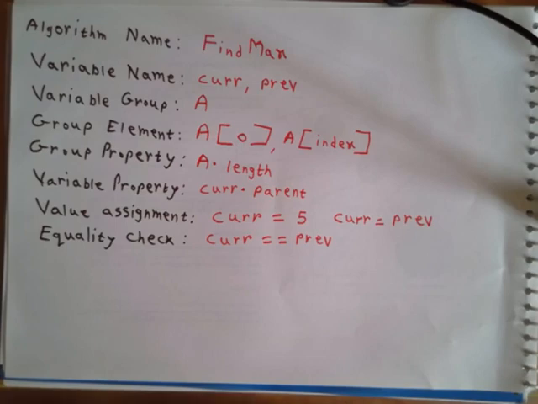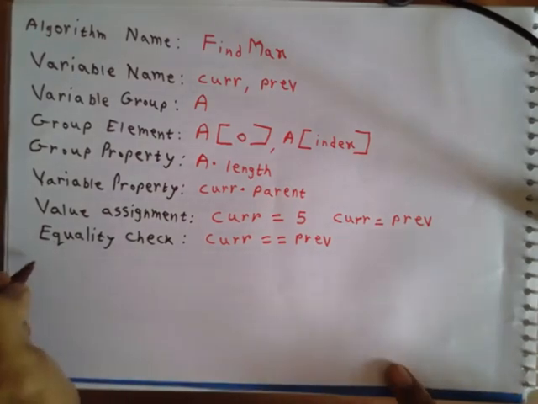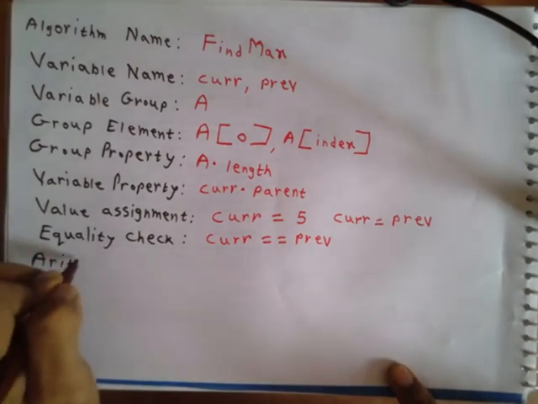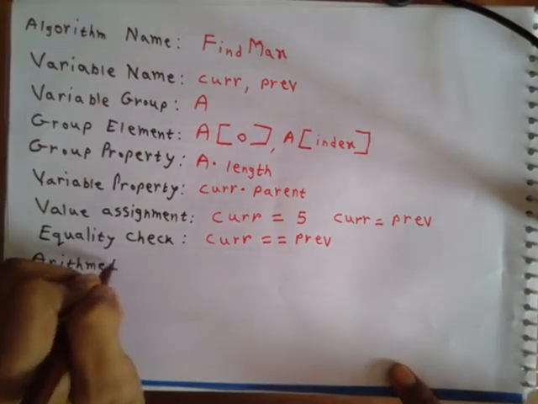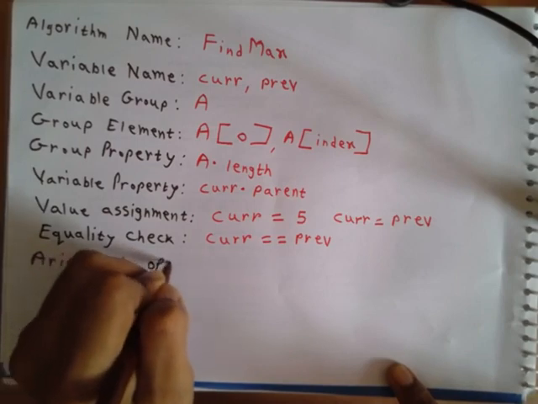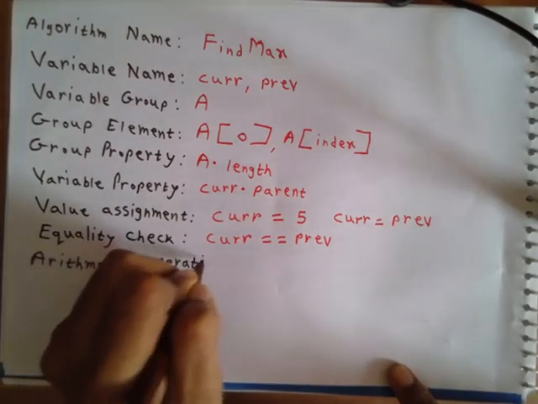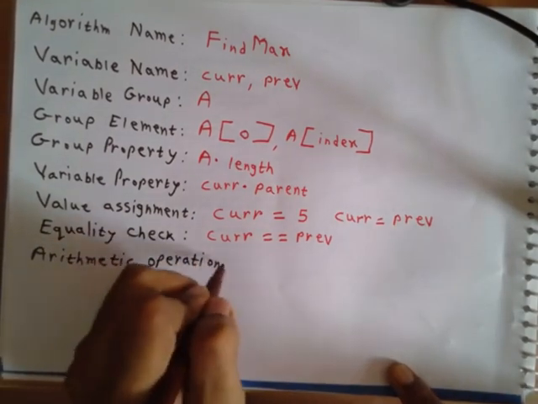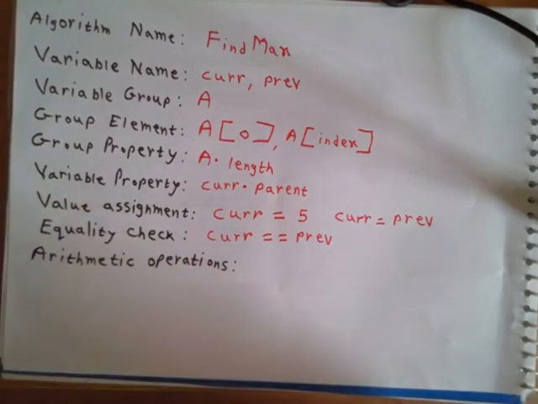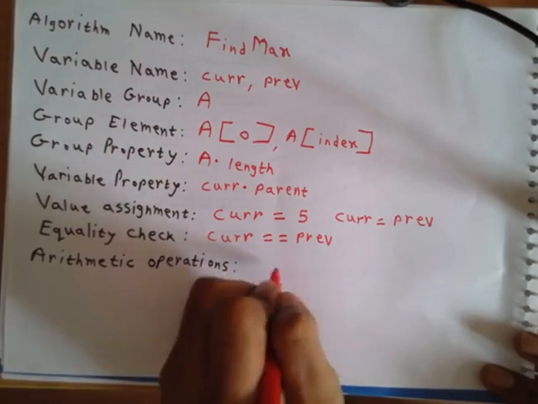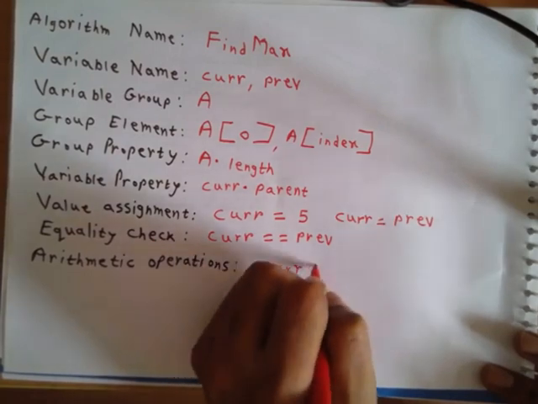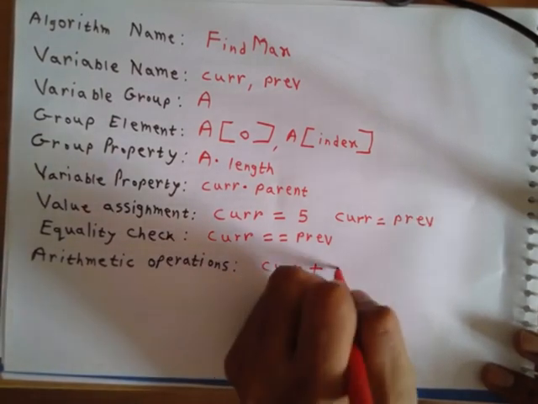Once we do the equality check, we have to define various arithmetic operations, such as addition, subtraction, multiplication, and so on. So let's say I take a variable called current, and to this I add the value of variable previous.